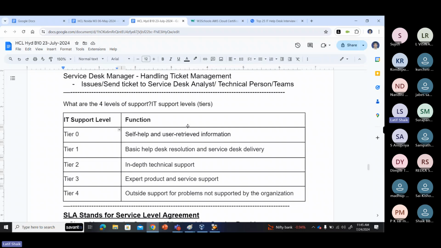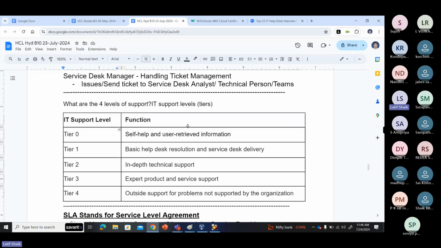They will give initial support as well as resolve the basic help desk related issues, service desk deliveries, deployments, and patch management. Patch management is also one part of level 1 support.